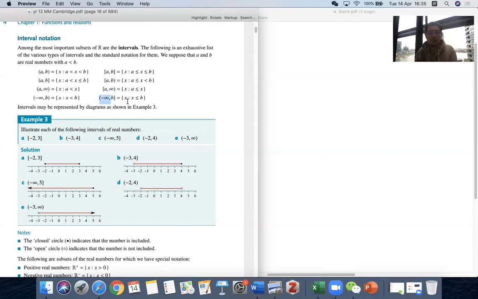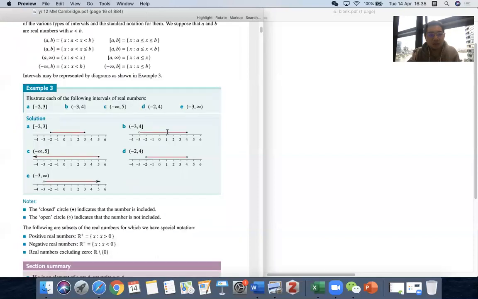And next thing is some exercises ask us to illustrate the following intervals on the number line. So the general rule is, if we can take the equal sign, which means it's square brackets, we put a dot over here.